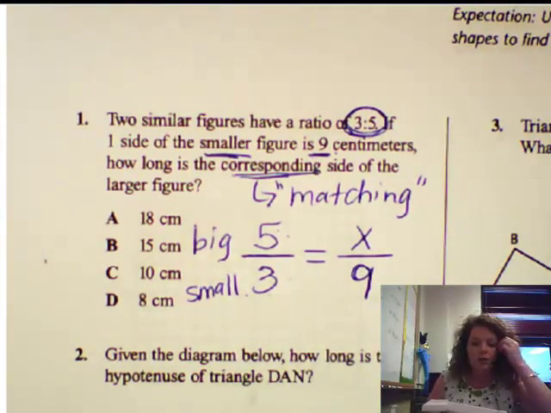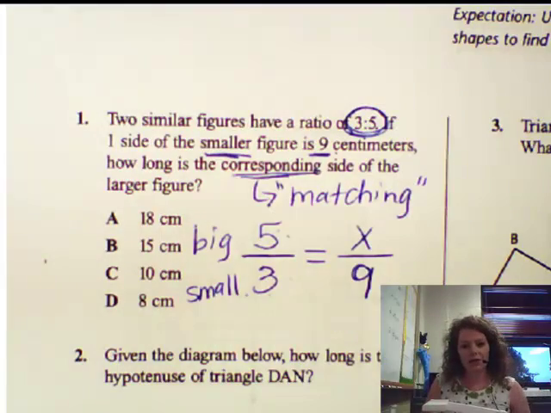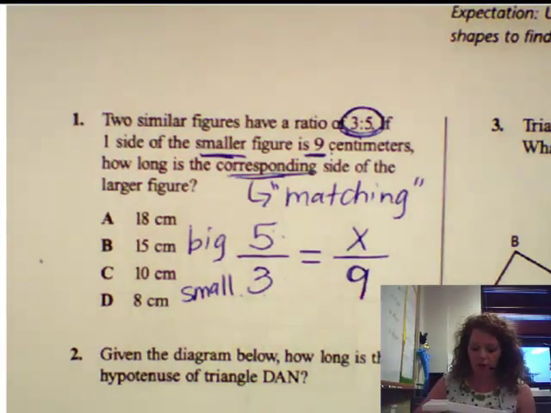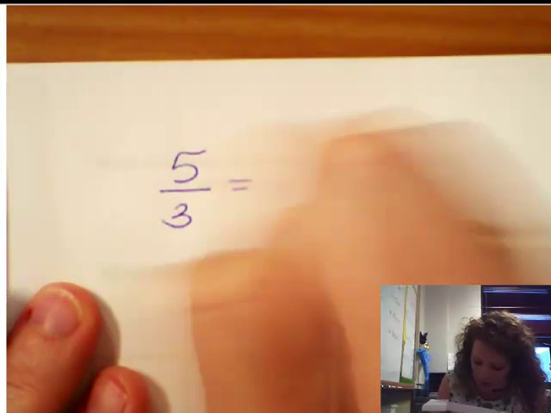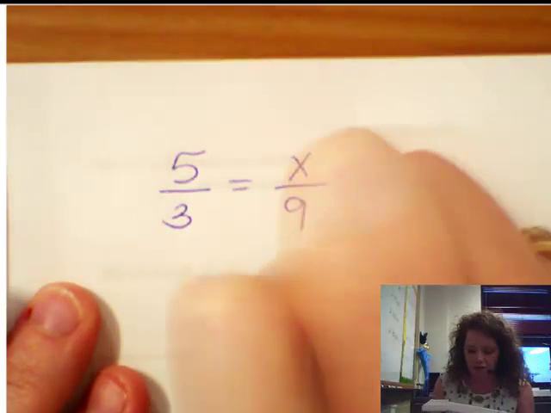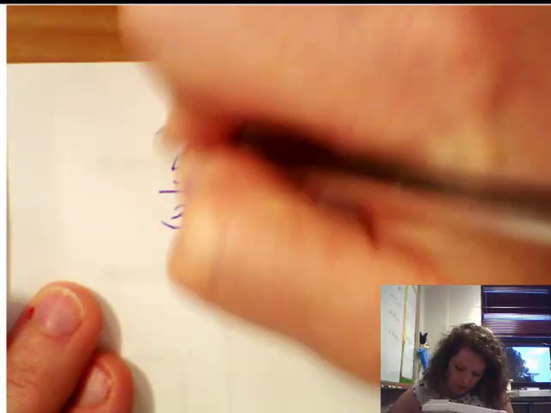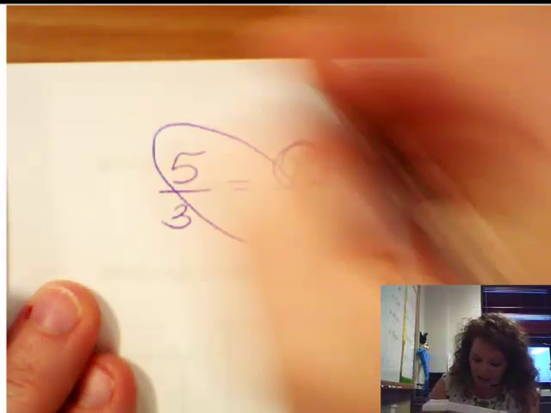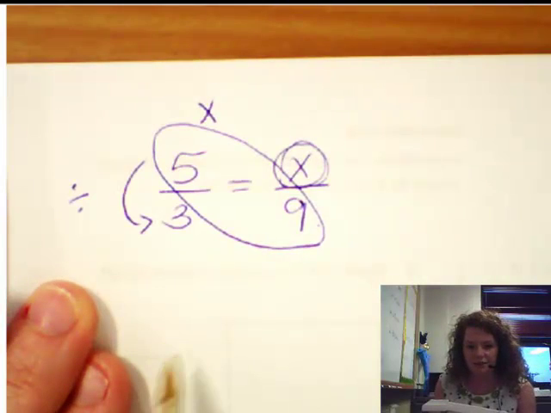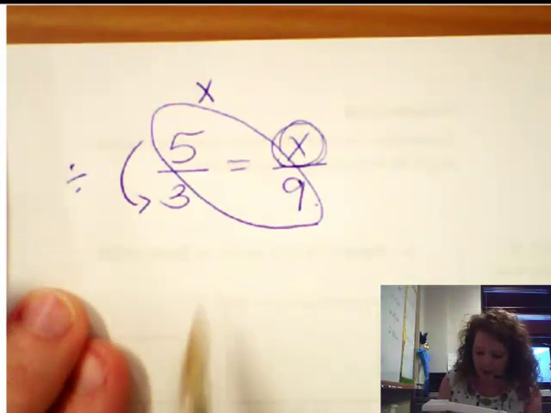Okay? Once we've got this set up, we know the math. And I'm going to move across my booklet here to my workspace and recopy my proportion. 5 over 3 equals x over 9. Ask yourself, how do you solve for x? We multiply 5 times 9, and then we divide by that last thing, divide by 3. So let's go ahead and work it out.